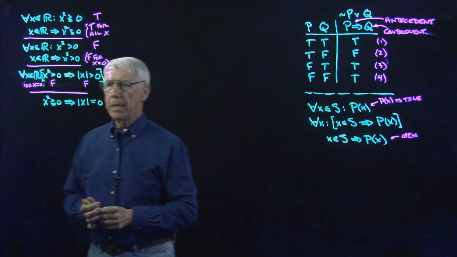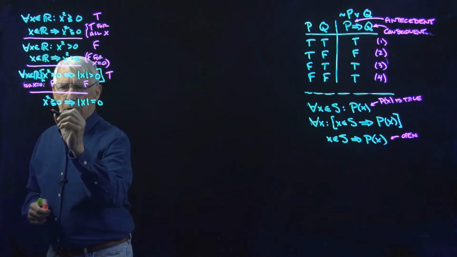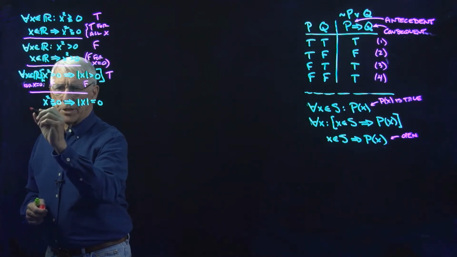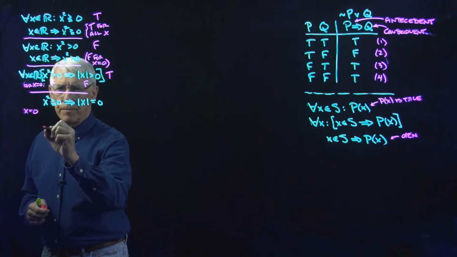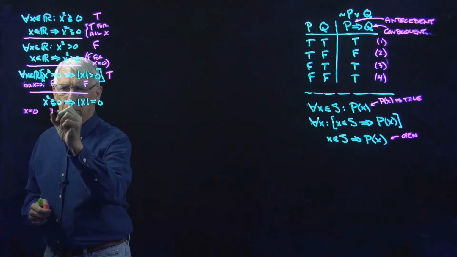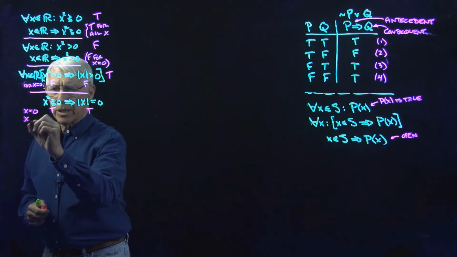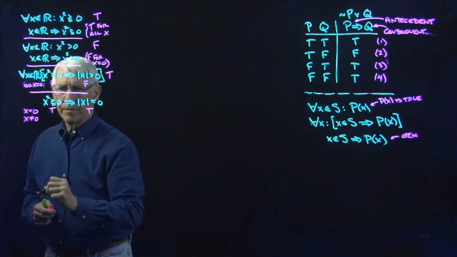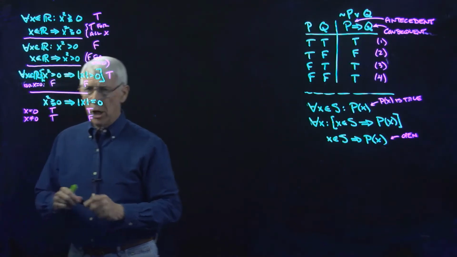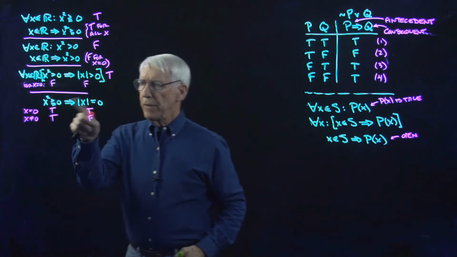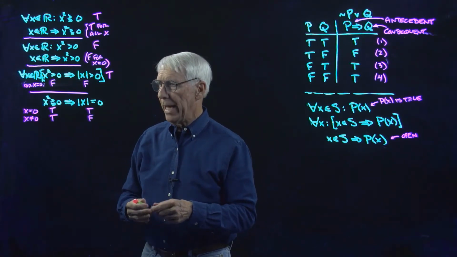If x is equal to 0, this is true, this is true. If x is not 0, this is true, this is false. So again, the truth value of this implication varies depending on the value of the variable x.